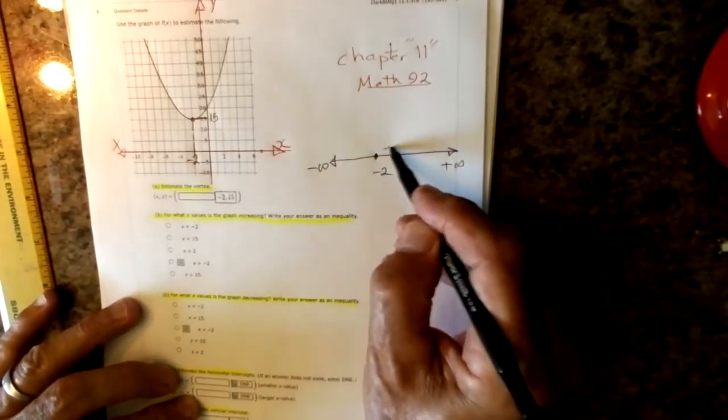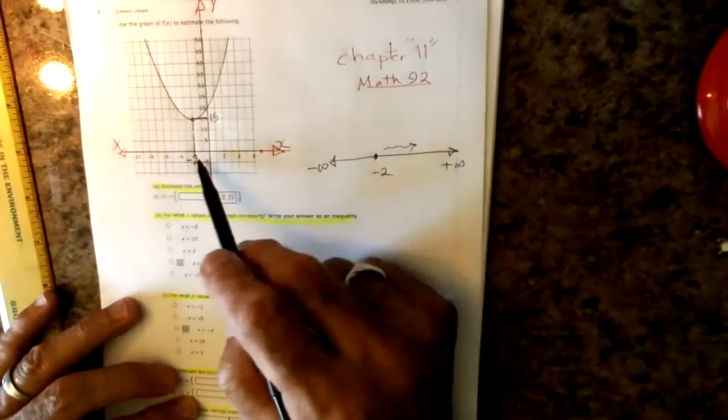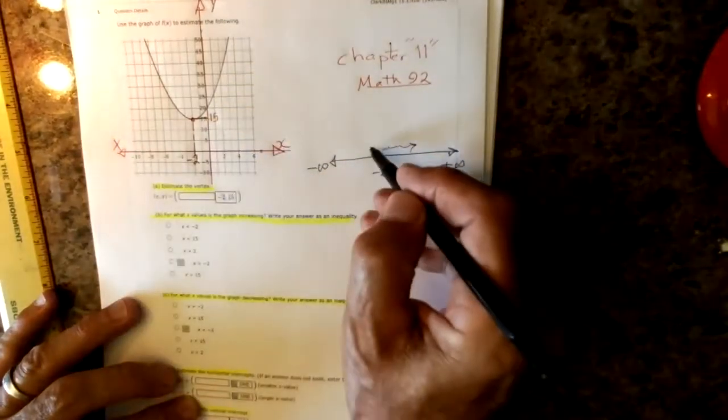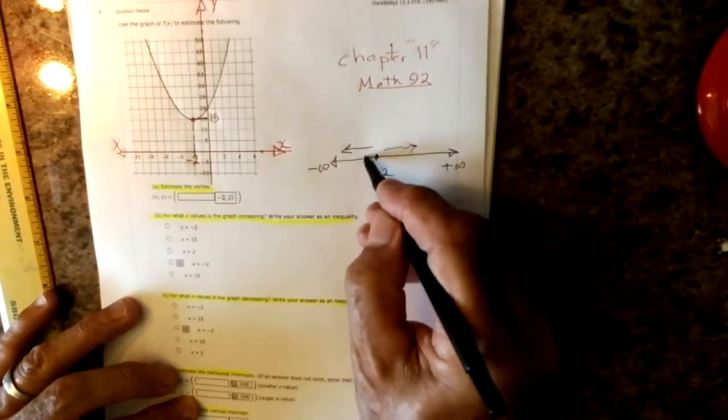As you go to the right, numbers are all increasing. So if you go greater than -2, the function is increasing. As you go from -2 to the left, the numbers are decreasing.